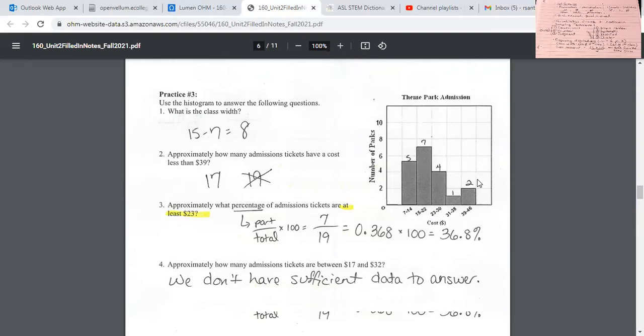So it is 19. Oh, yes, okay. I think it's because of number 2. Number 2 said approximately how many admission tickets cost less. Oh, okay. Yeah, I just looked at it really fast. That's okay. It's good for us to just double check and make sure that everything is on the up and up. So that was only referring to the first four bars, not the 5th.